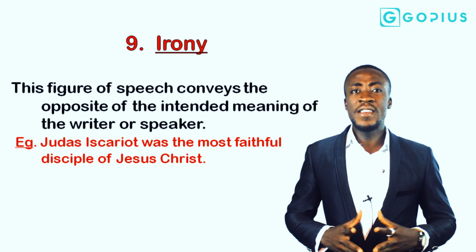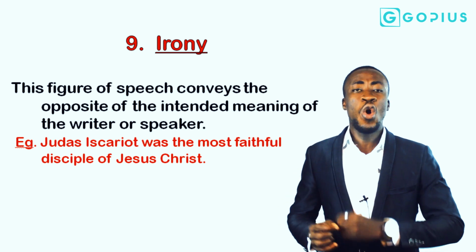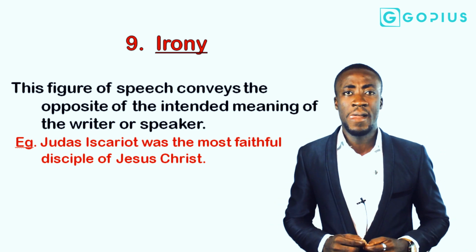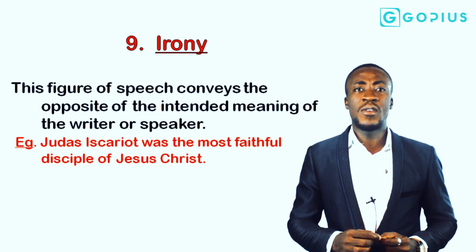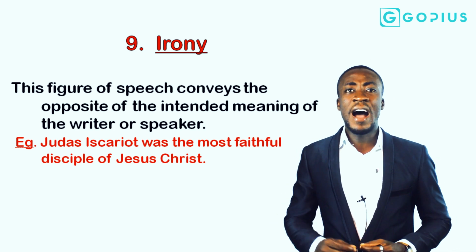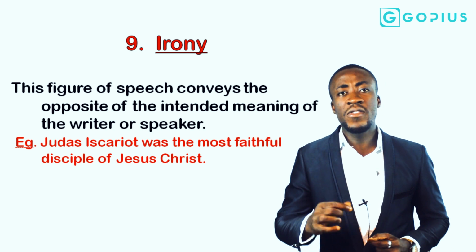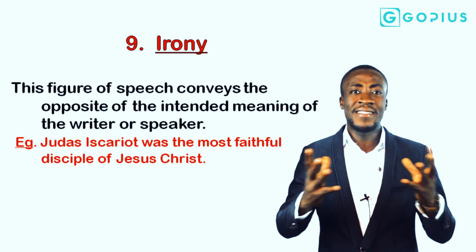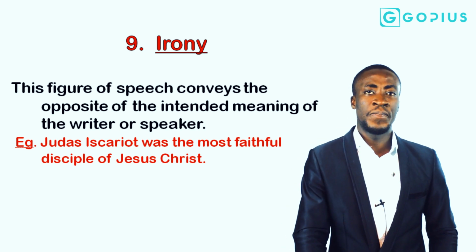So ironies will always convey the opposite, the contradictory, the other part of the intended meaning. Now, it is necessary to understand that the deployment of ironical statements are conscious. The writer consciously does this in order to create this beauty in literary expressions.